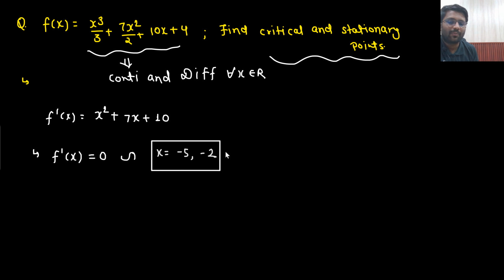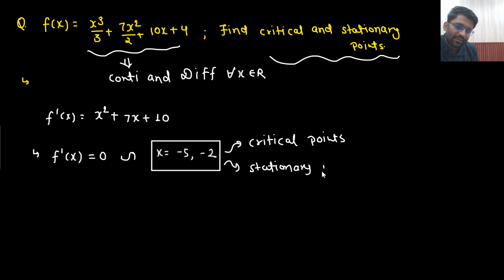Along with that, they are your critical points as well, and along with that, they are your stationary points also. Why is that so? Because f dash x can never be undefined.